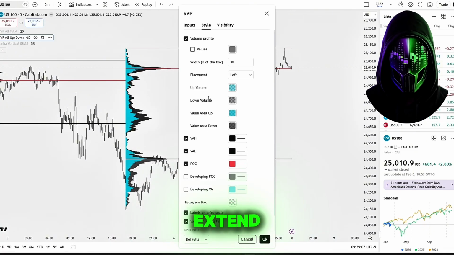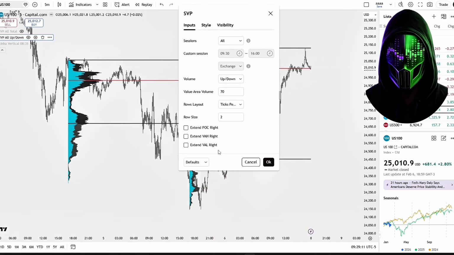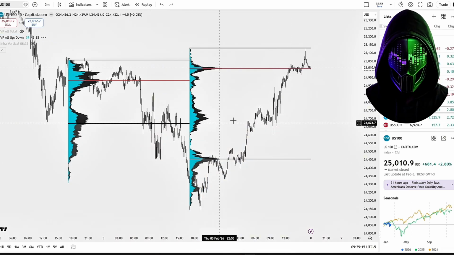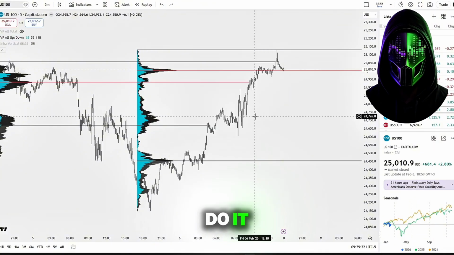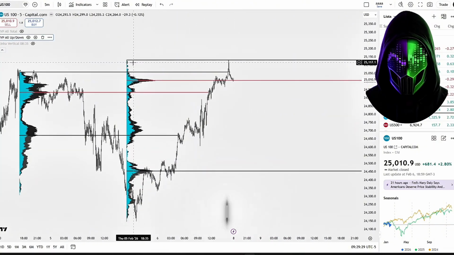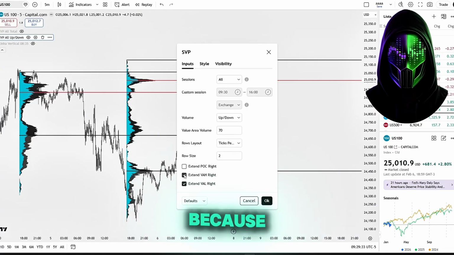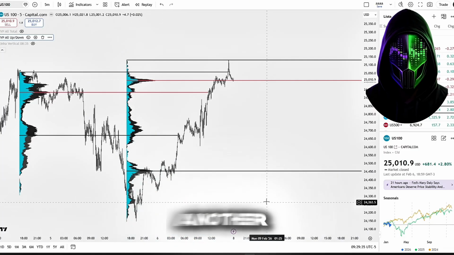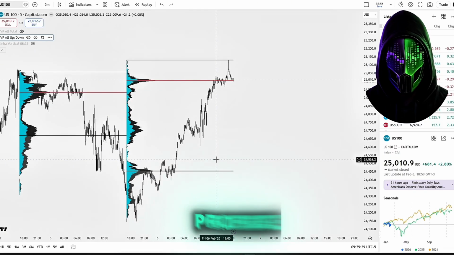If you want to extend the value area highs and value area lows, you can extend them, and it will extend these areas, but there is no need to do it like this. So this is extended right now. I personally don't like to have this extended, because in another class we'll see that we use a weekly volume profile to perform better.